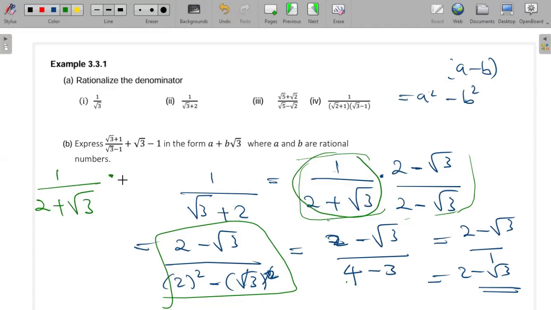By that rule, I have to multiply by the conjugate in the numerator and in the denominator. That's why we are multiplying by 2 minus root 3 on top and also at the bottom. Is that clear? Yes, it is clear now. Okay, all right.